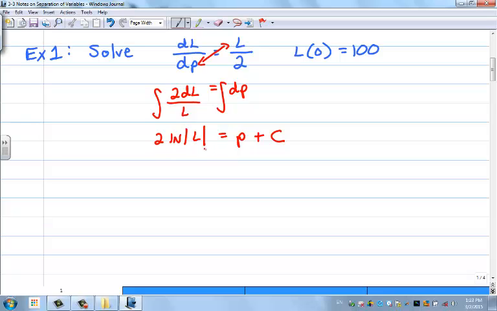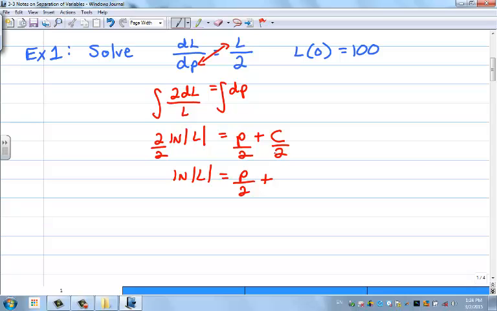We have to isolate the natural log in order to be able to solve this, so we'll divide everything by 2 here. Now, the 2 disappears when we divide by it. We get a 1, so we get natural log absolute value of L equals P over 2 plus C over 2. But instead of saying C over 2, it's just another constant.